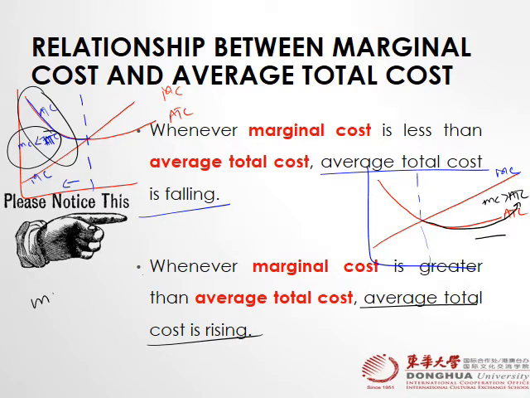The beauty of this region where MC is less than ATC is that when you increase your production, your average total cost even decreases. That is amazing. If you produce more, the average total cost will be lower. That is the benefit of economies of scale.